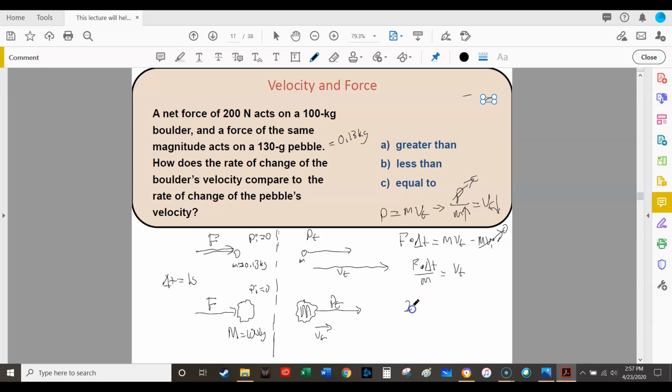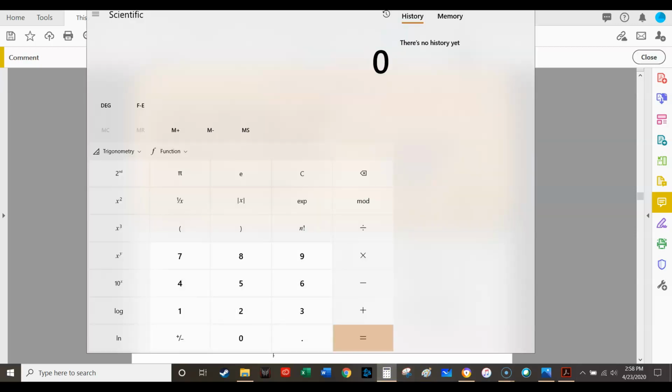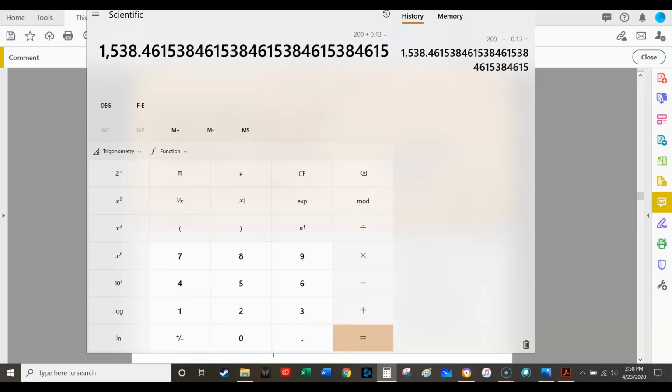Let's do the pebble first. This is 200 newtons times 1 second, so that's 200 newton seconds over 0.13 kilograms. The final velocity of that guy is 200 newtons times 1 second divided by 0.13 kilograms.